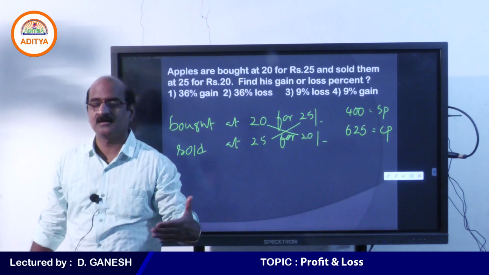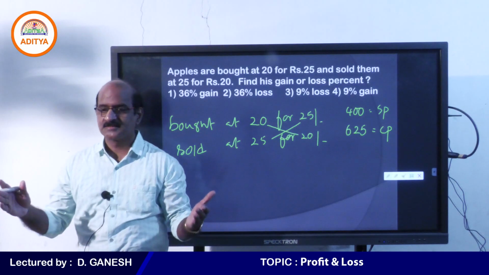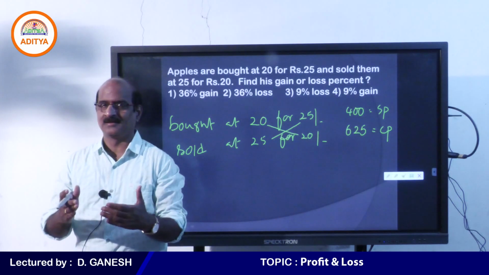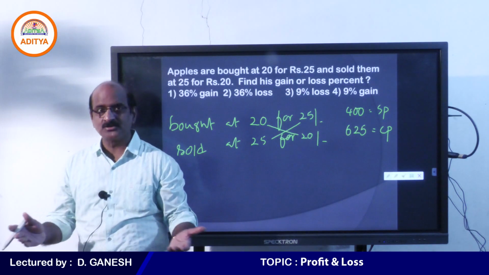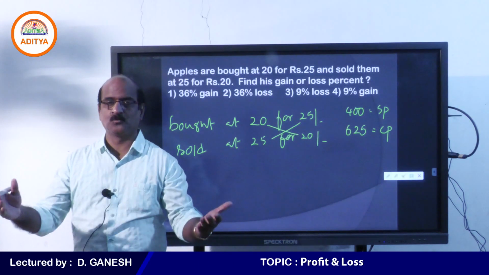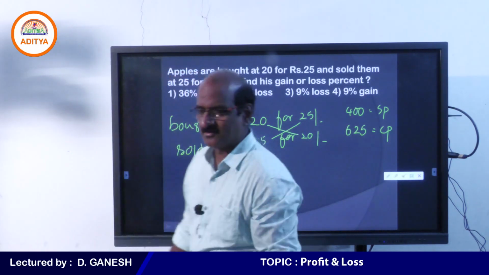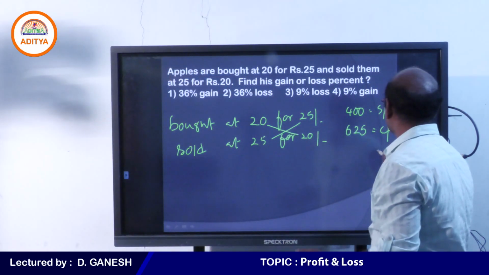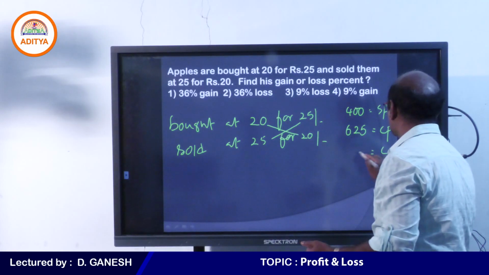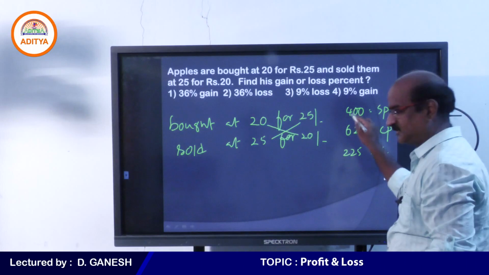When you bought it for a higher price and sold it for a lower price, only then do you lose. Therefore, there is a loss of 225, the difference of these two numbers.